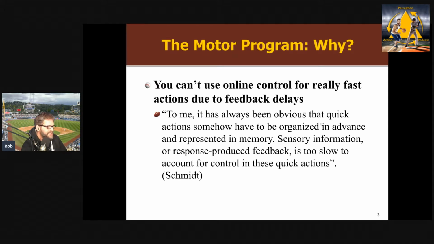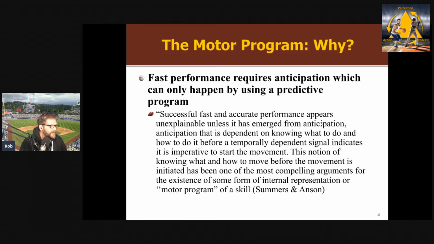So as Schmidt says, it's obvious that quick actions must somehow be organized in advance and represented in memory. And I'm going to address these motivations later on. Using feedback, using online control, is too slow to account for quick actions. So that's one of the main motivations.